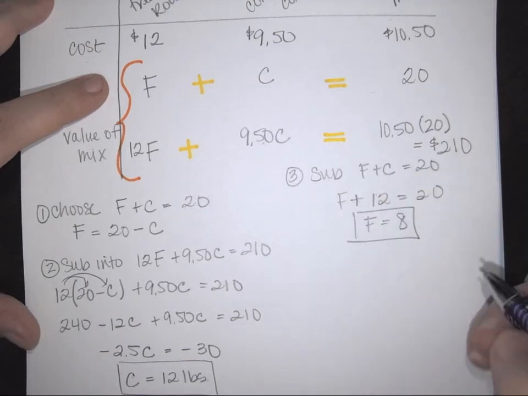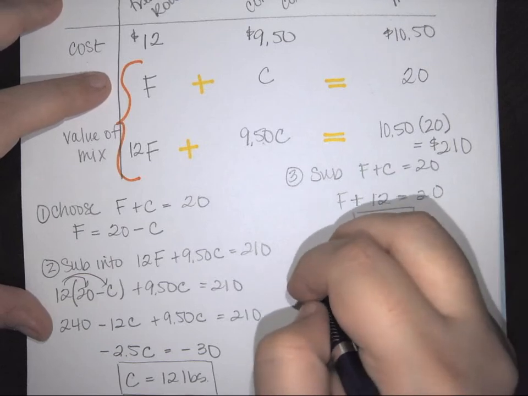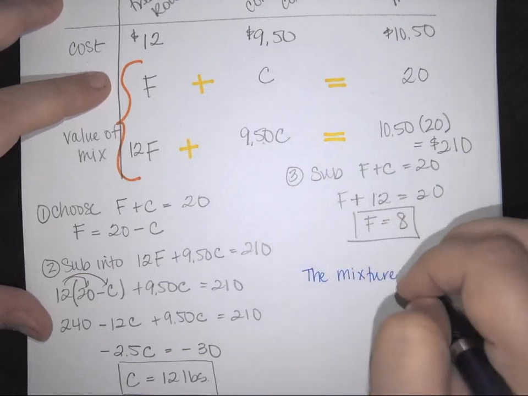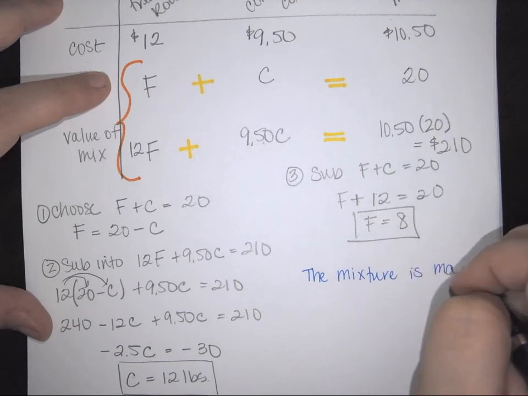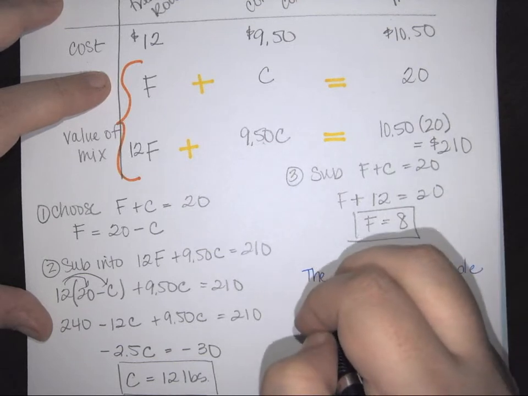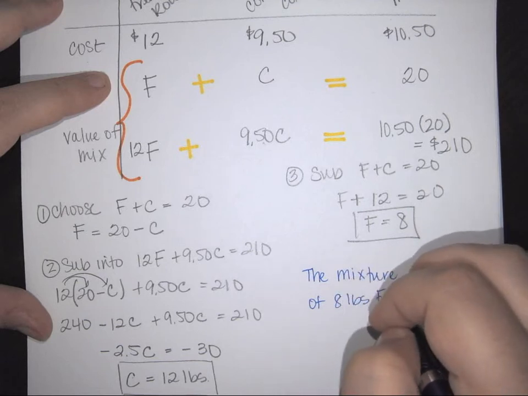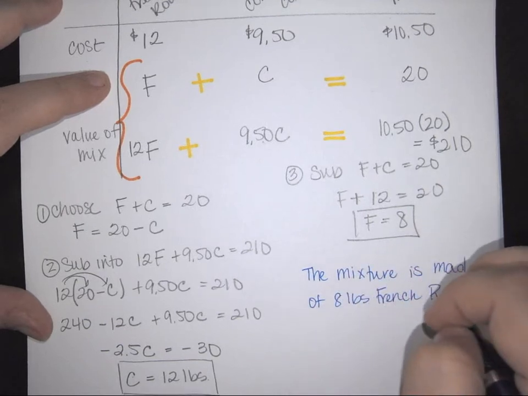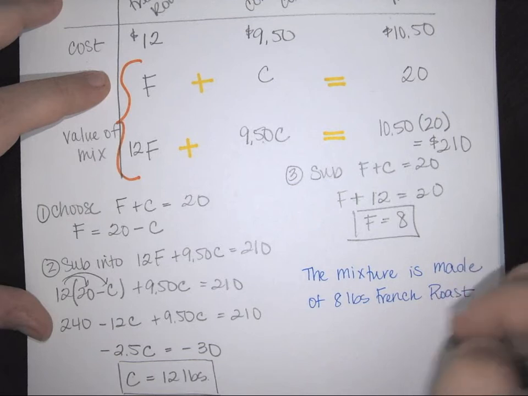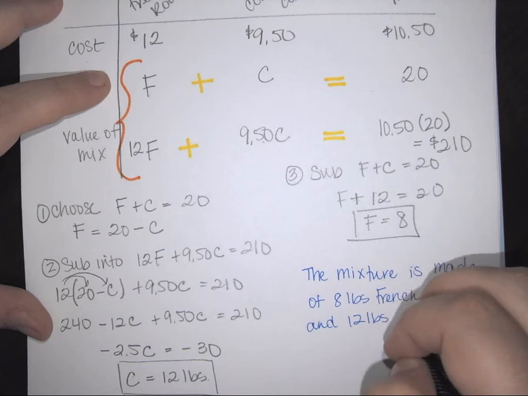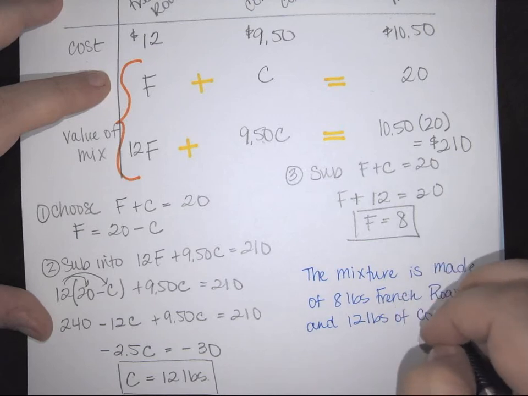So here we have that the mixture is made of 8 pounds of French roast and 12 pounds of Colombian.